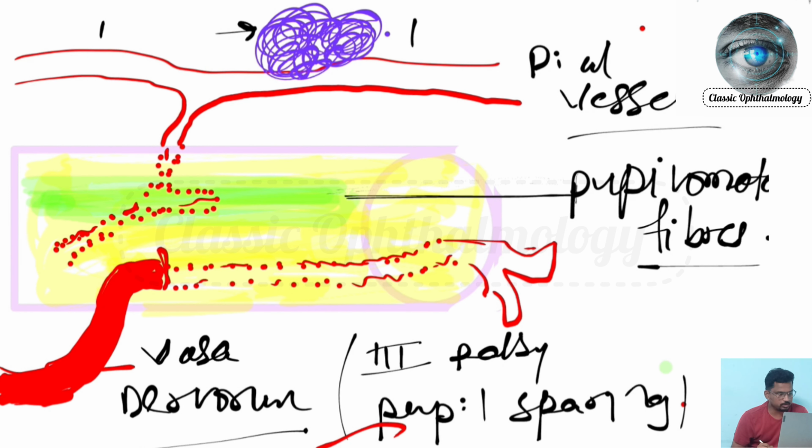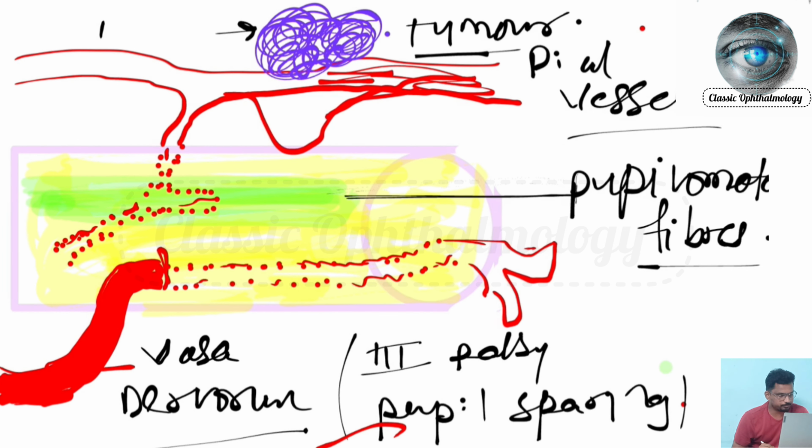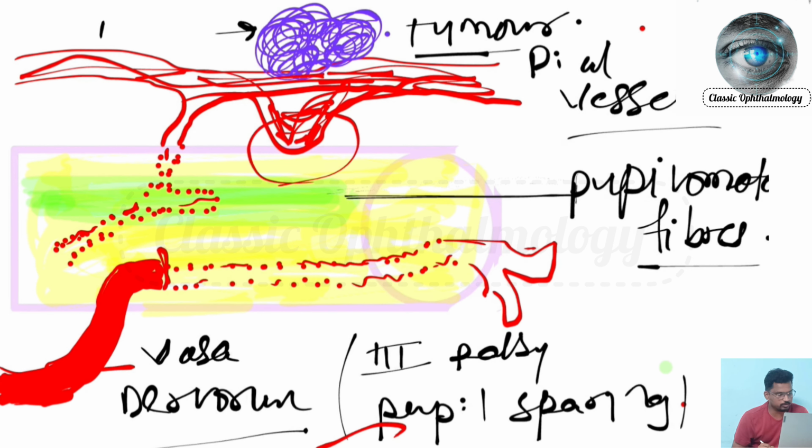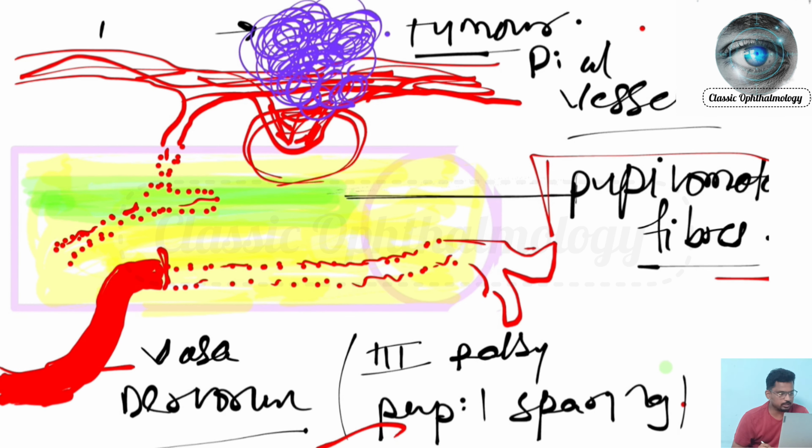Now any tumor or any aneurysm, like surgical lesions, can compress or occlude these vessels and may compress these pupillomotor fibers. Okay, you can see this in the image. Any tumor or aneurysm can compress these pupillomotor fibers, which leads to third nerve palsy that is pupil involving.